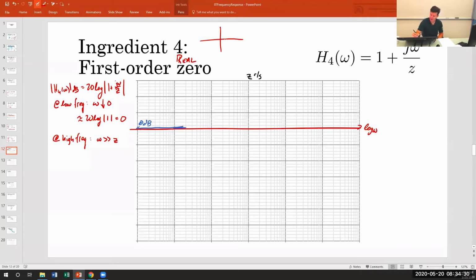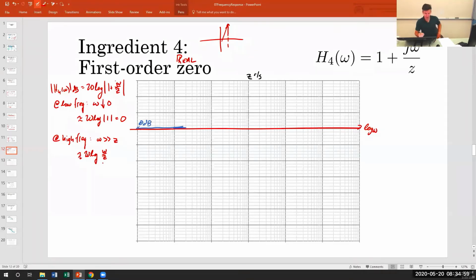So the real part isn't changing, but as omega gets bigger, the imaginary part gets bigger and bigger until finally the magnitude of this vector looks like it's pointing just straight up. So we treat the magnitude as the imaginary part, right? Because we're approximating the real part being insignificant in calculating this hypotenuse.